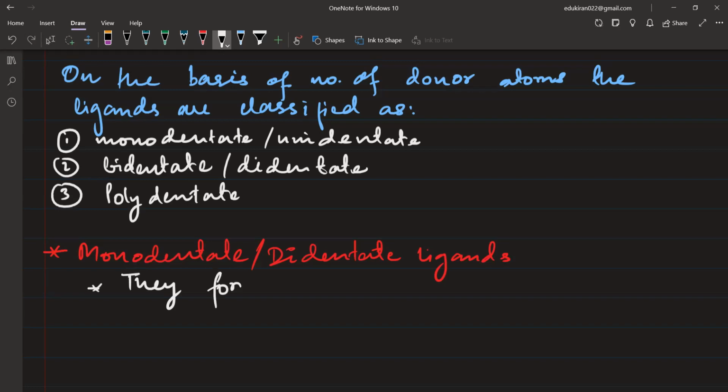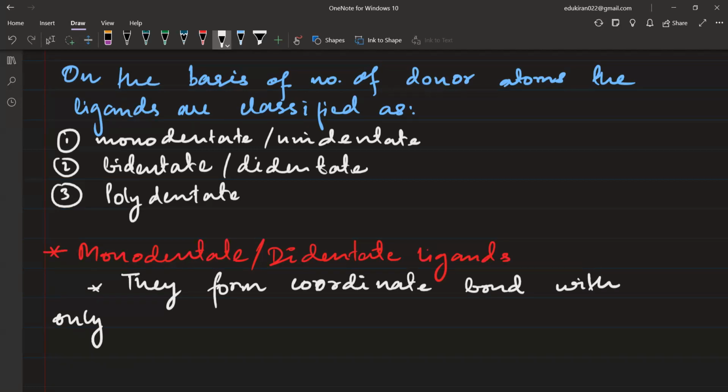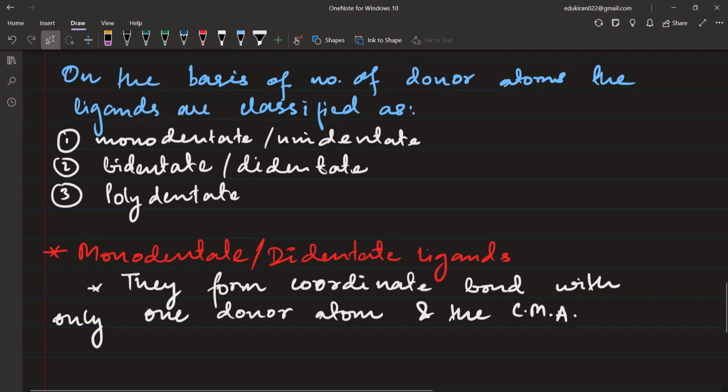They form a coordinate bond with only one donor atom and the central metal atom. So the donor atom will be how much? In unidentate, it will be only one.